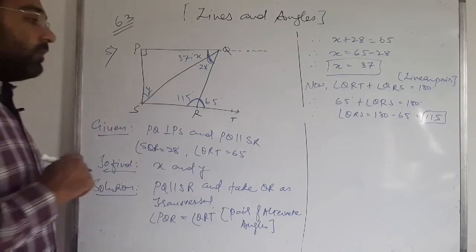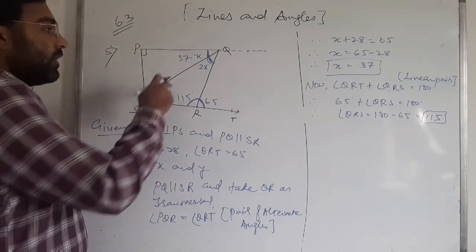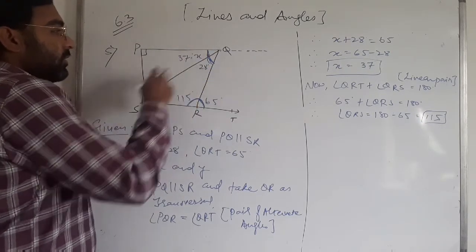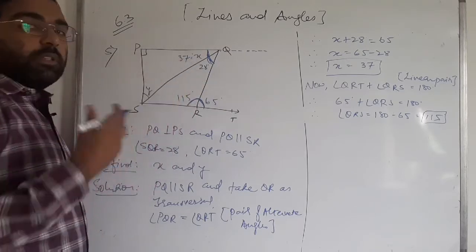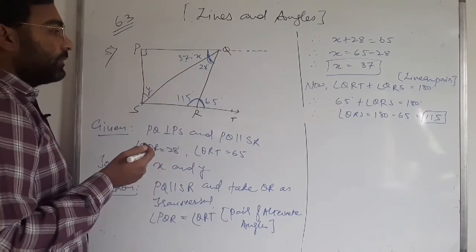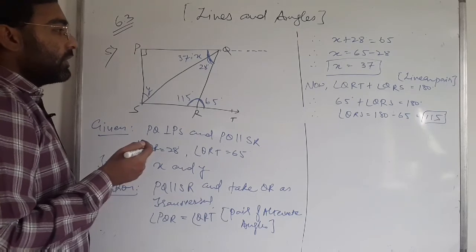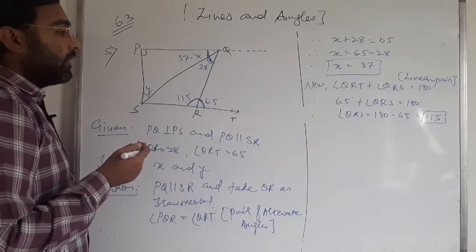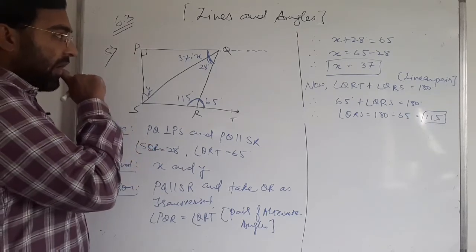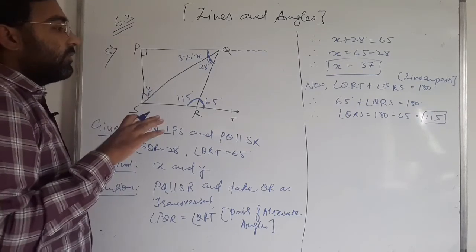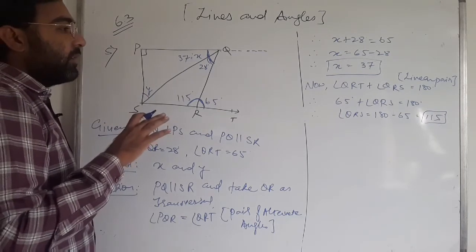Now in the triangle QSR, using the angle sum property, here we don't need the angle sum property.